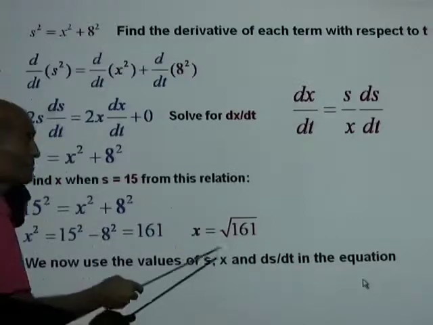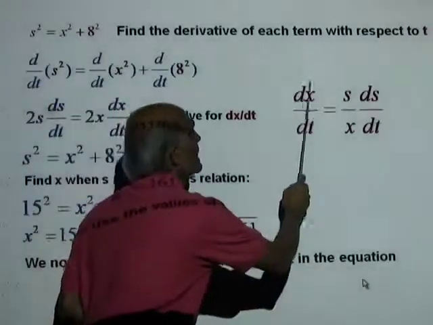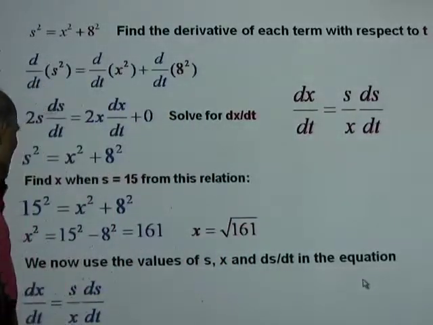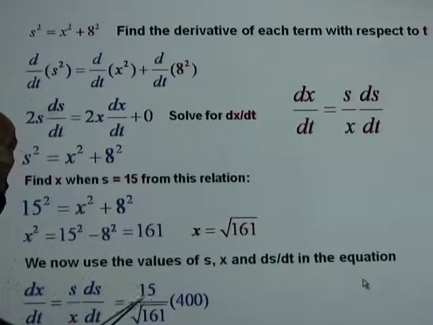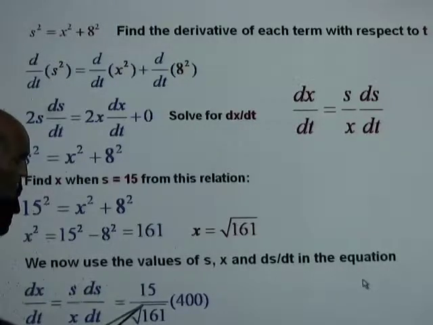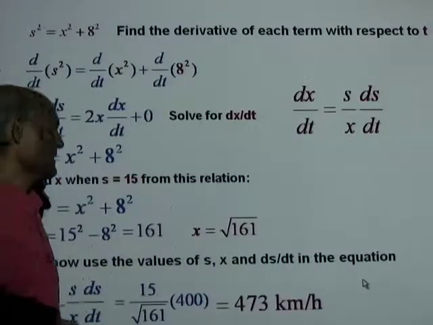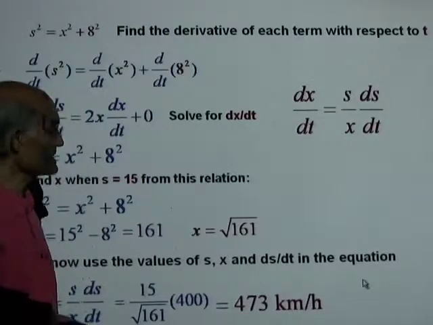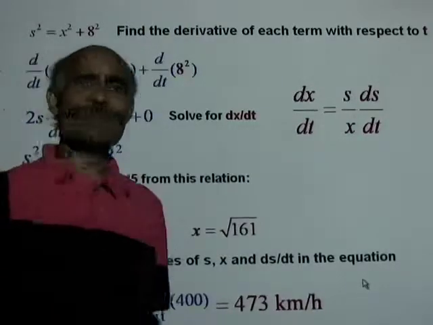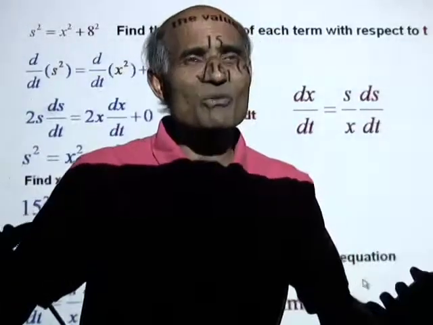We use the values of s, x and ds over dt to find dx over dt. So dx over dt is s over x times ds by dt. s is 15, x equals square root of 161, and ds by dt is 400, and that gives you dx by dt, the speed of the plane, as 473 kilometers per hour.